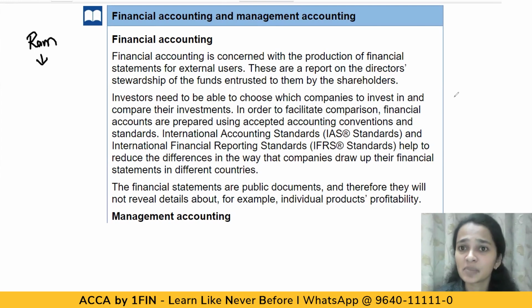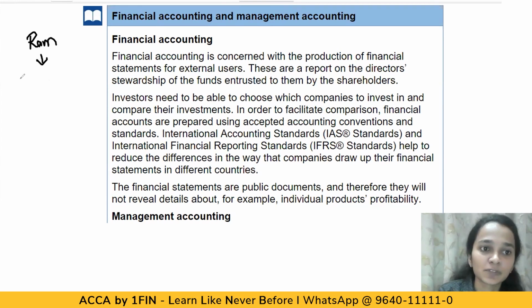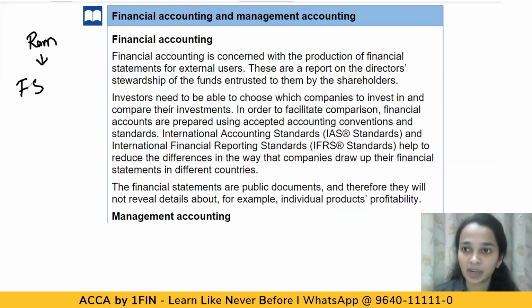Being an accountant, his job is to record all the transactions and prepare the financial statements of the business. Once the financial statements are prepared, they are then sent to the various end users.